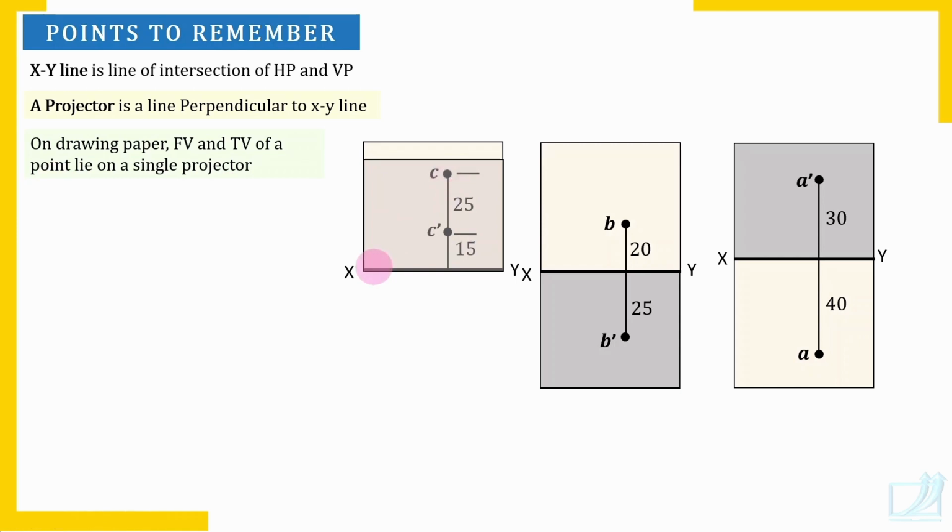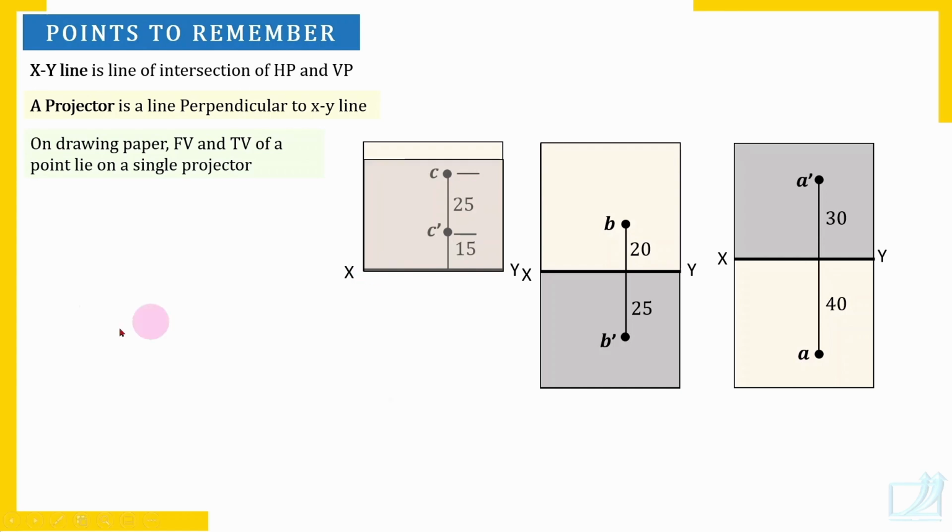Remember, front view of point A on one vertical line, and top view of point A on any other vertical line, that is impossible. Two views, front view and top view of a point, lie on a single projector.